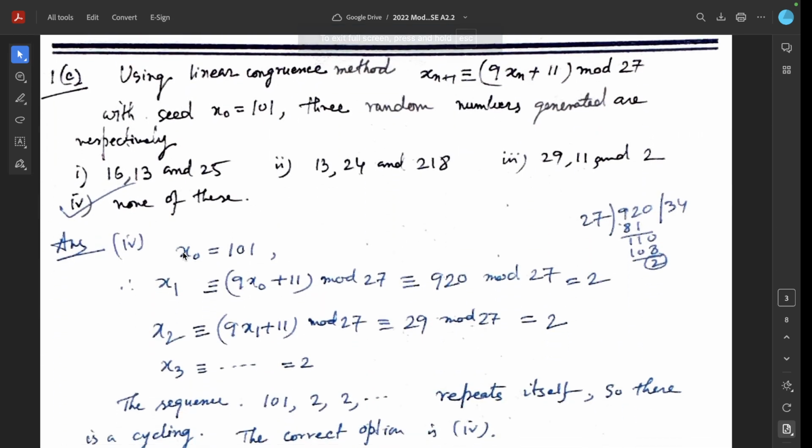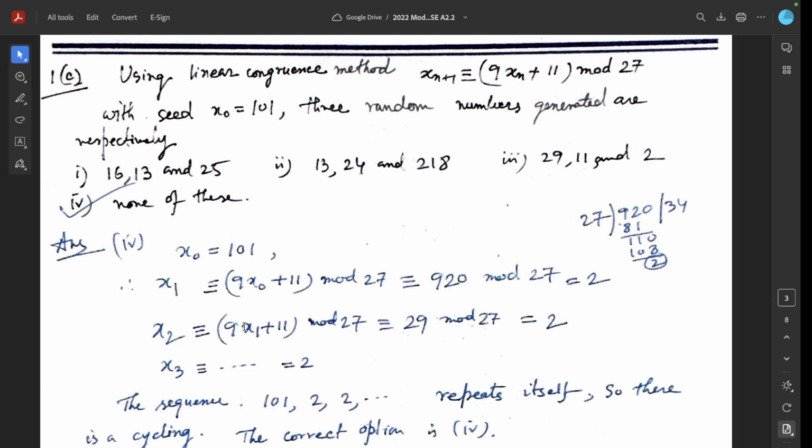this seed x0 is equal to 101, and so for x1, put n equal to 0 in the given expression. So this is equal to 9 x0 plus 11, so 920 modulo 27. The residue is 2, so x1 is equal to 2.